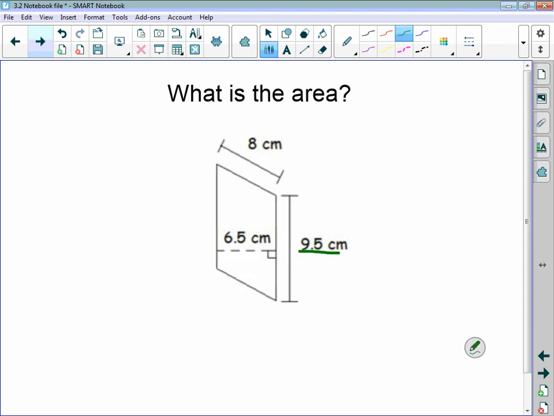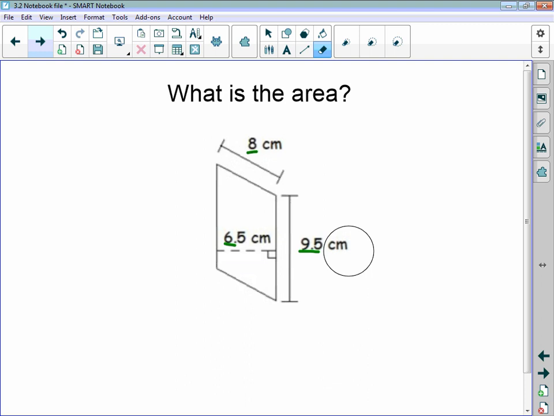But we're looking really for 2 measurements that are perpendicular to each other. So 9.5 centimeters and 8 centimeters, those are the sides, so we definitely don't want to use those 2 together. And 8 centimeters and 6.5 centimeters, those are not perpendicular to each other either.